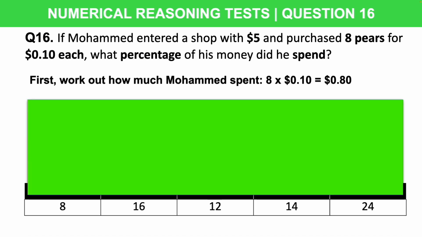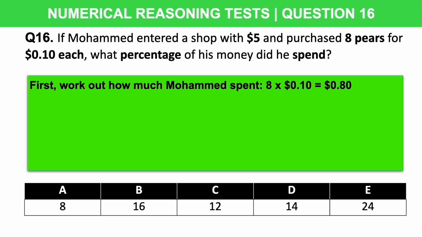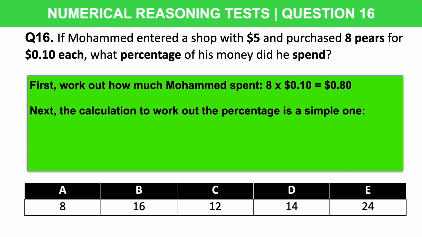Now, to work this out, we first need to work out how much Muhammad spent, which is 8 times 10 cents, which gives us 80 cents. Now, the calculation to work out this percentage is a really simple one. It simply is the value divided by the total value, and then you times that figure by 100.